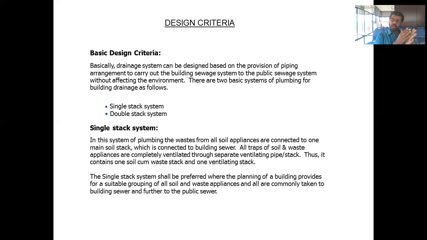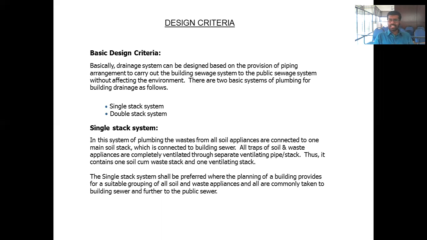The water coming out from the water closet is counted as a separate line, and all other water from kitchens, washing, bathing, everything will be called wastewater and taken separately.